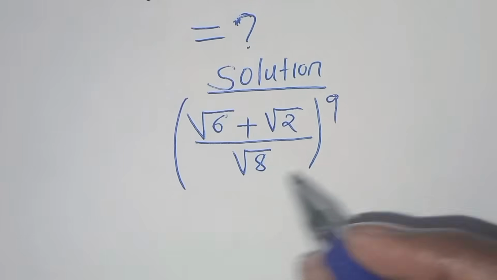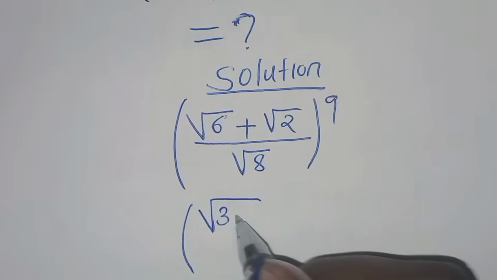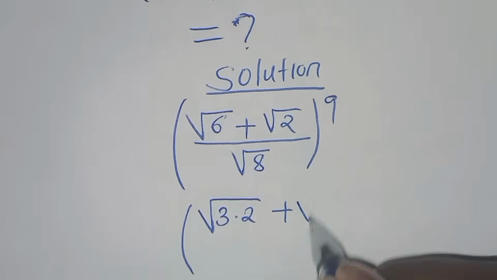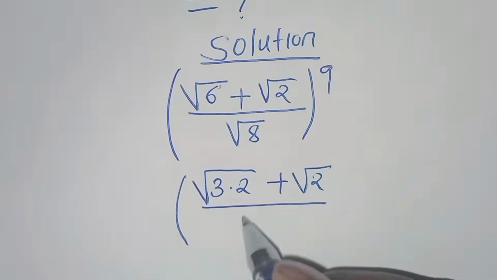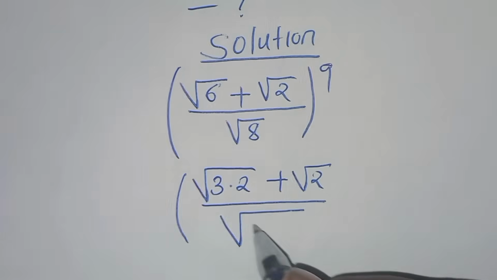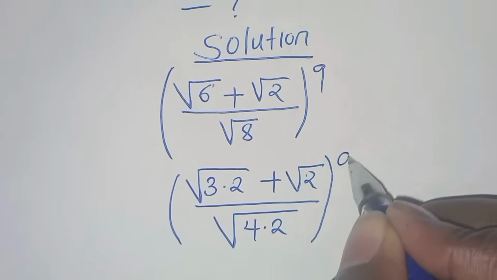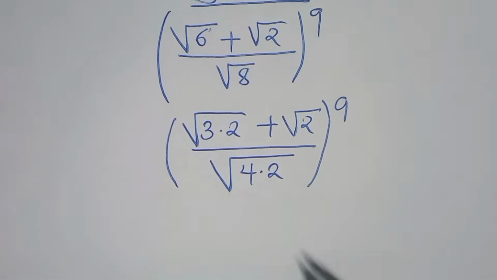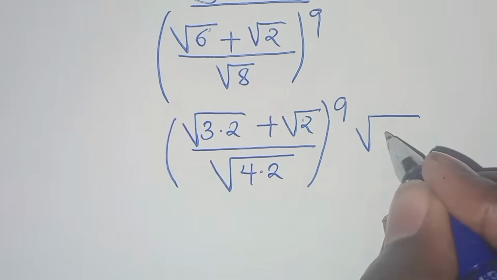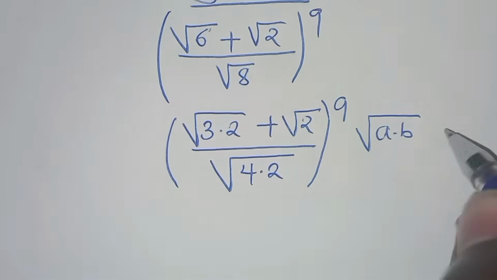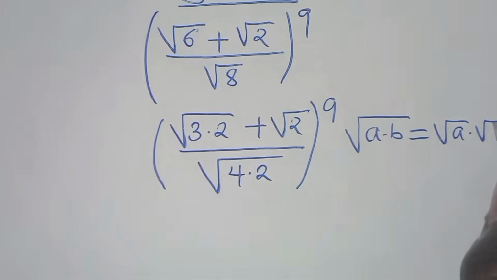We can express √6 as √(3×2), then plus √2, everything here divided by √8, which we can express as √(4×2), everything here raised to power 9. The next step is that √(3×2) is in the form of √(a×b), which we can express as √a times √b.